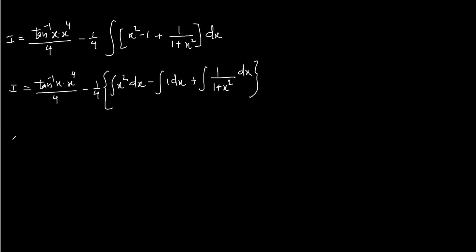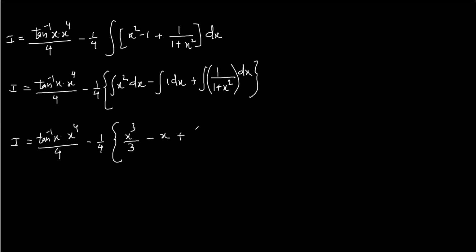So here I get I equals to tan inverse of x into x raised to 4 upon 4 minus 1 upon 4, and integration of x square is x cube upon 3 minus integration 1 dx is x, plus integration 1 upon 1 plus x square is tan inverse of x plus c. This is final answer.